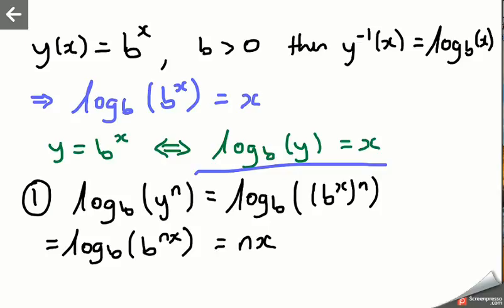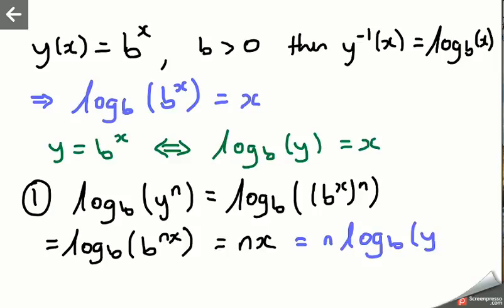So what this is actually equal to is n times log to the base b of y. So in other words, when you put something to the power of n into the logarithm function, the thing that comes out is n times the logarithm function to whatever the base was. So that's called the power rule. Log to the base b of y to the power of n is equal to n times log to the base b of y.